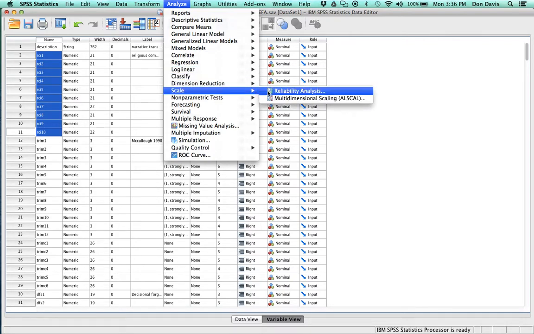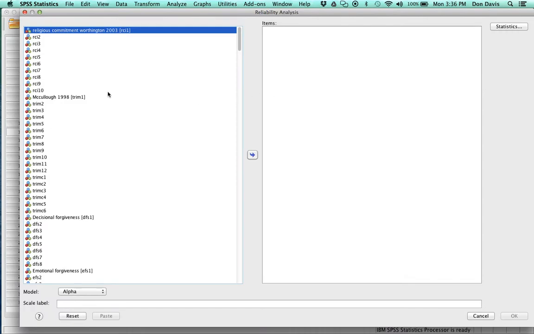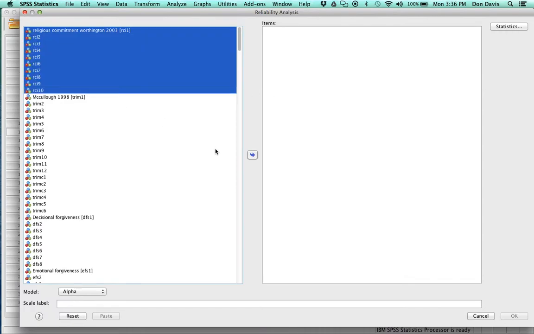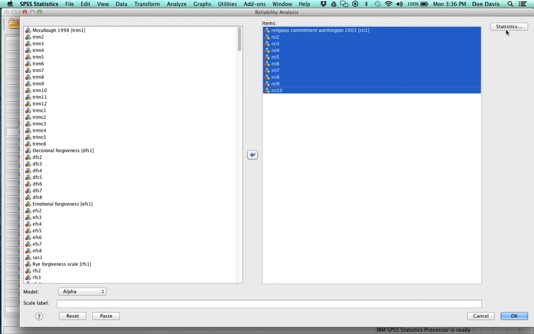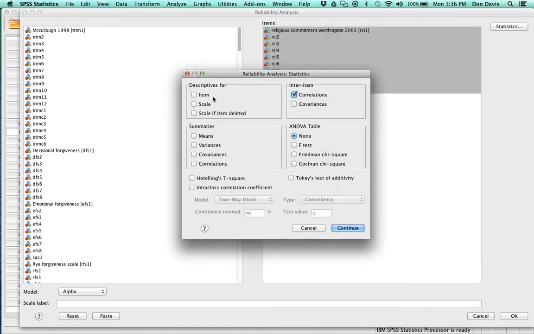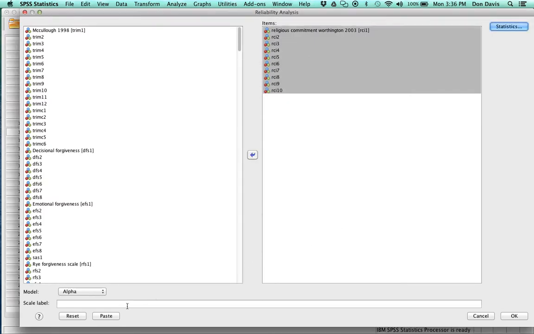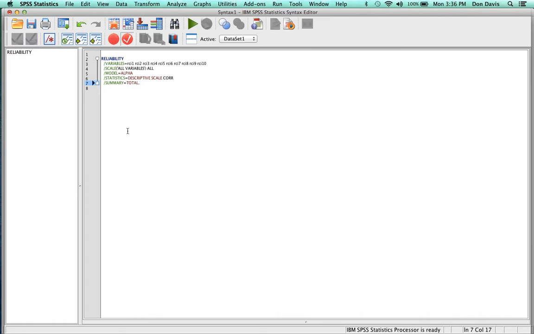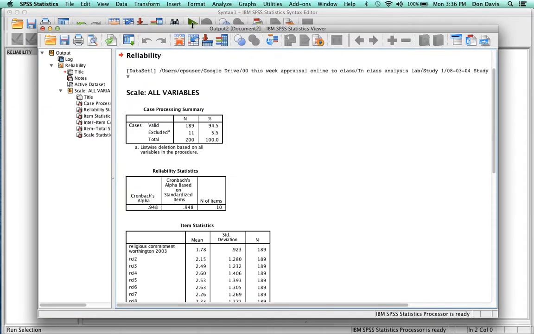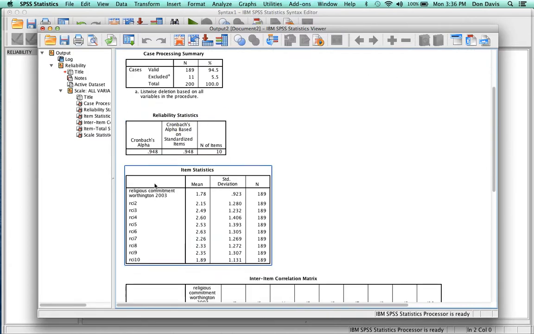Scale, reliability, and then I like to pull that information. We'll paste. Ran it, so alpha is 0.95.